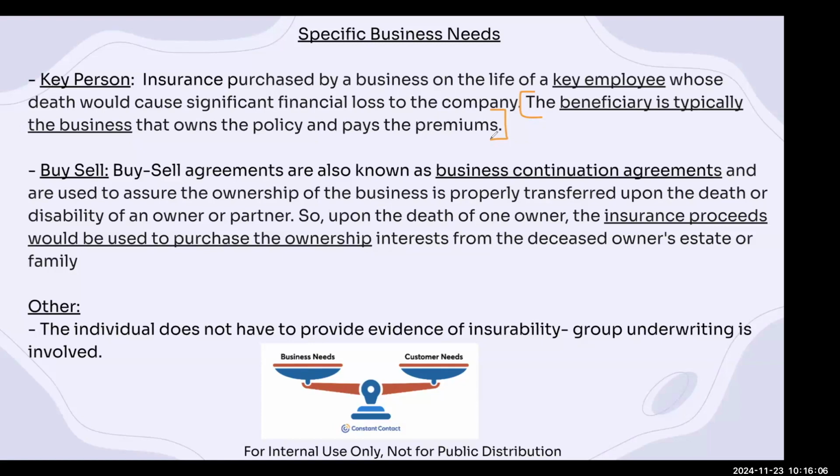Those proceeds would be used, as mentioned here, to purchase ownership interest from the deceased owner. So again, we can see how this is a buy-sell or business continuation agreement, ensuring that even when one business owner passes away, the other business owner can still successfully continue the business.